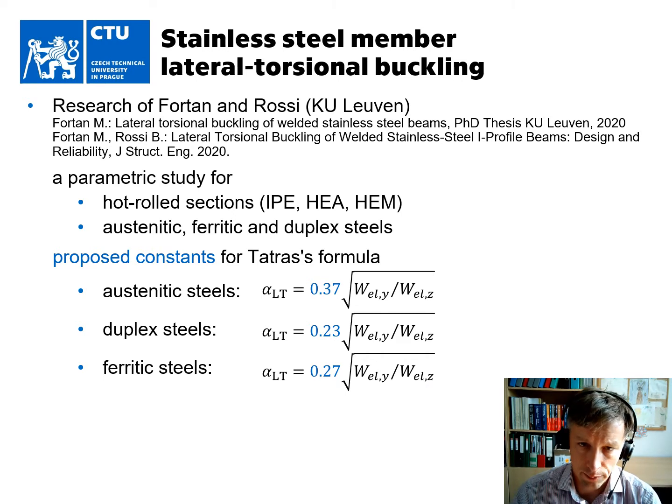Quite recently, and partially in parallel with our research, there was published a study and recommendation for stainless steel beams subjected to lateral torsional buckling by Fortan and Rossi from Q11. They are focused on hot rolled sections, so IPEs and H profiles, and they were focused on all three common stainless steel families.